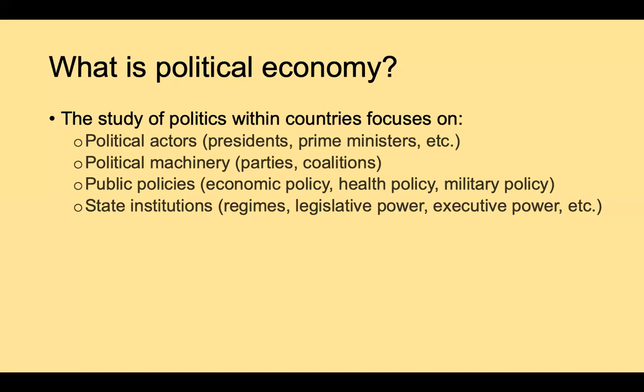And it concerns itself with state institutions like regime type of democracy, legislative power and executive power, legislative and executive relations. You'll see a consistent theme here, which is that all of these institutions or actors or things are related to power in some way. They either wield it or exercise it, or they result from its use. They are engaged in the creation or the cultivation of powerful coalitions.